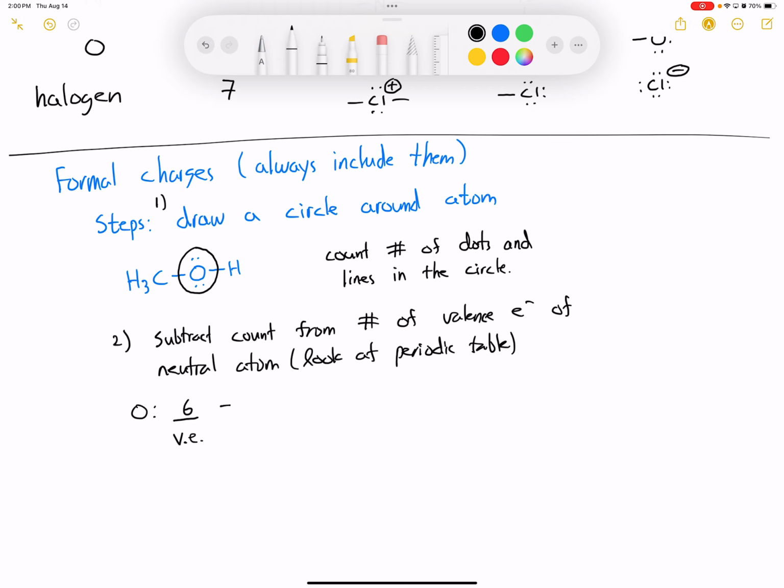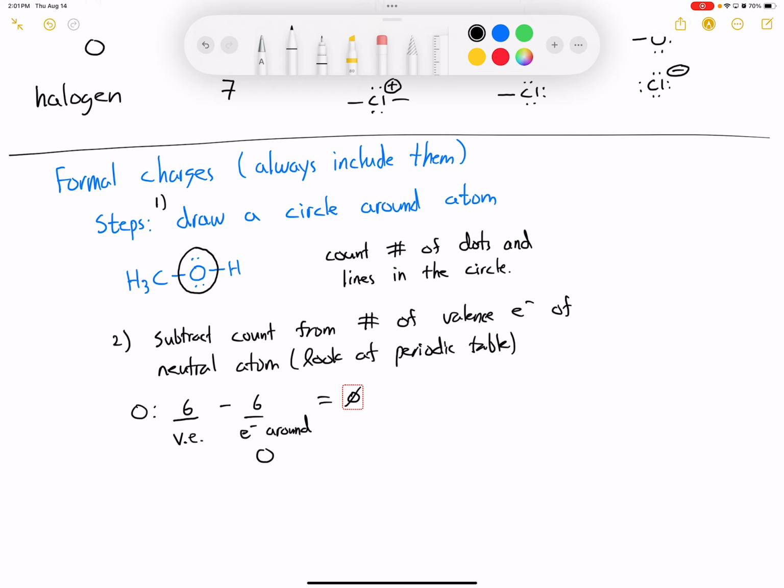All right. And from the circle, we counted 6 electrons, right? So these will be electrons around oxygen, okay? All right, when we do that, what's the value here? 0. And that makes sense, right? Because we don't have a charge associated with oxygen, so its charge is 0.